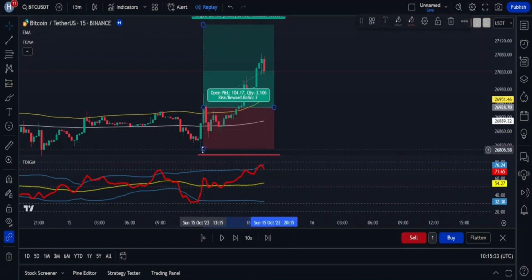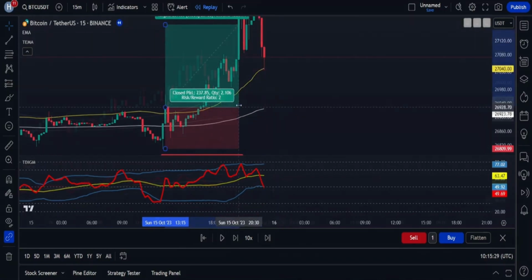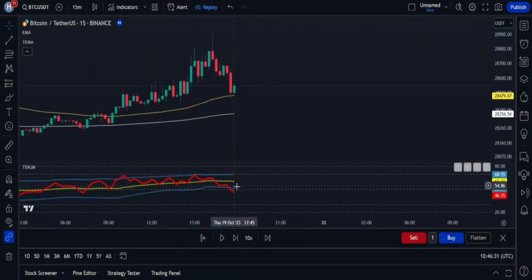So I will open a buy trade here, following the described money management rules. Now let's see whether the price will reach the take profit target or not. As you can see, the price has reached our first goal and then the second goal for take profit too. I hope you understand the rules for entering a buy trade using this strategy.